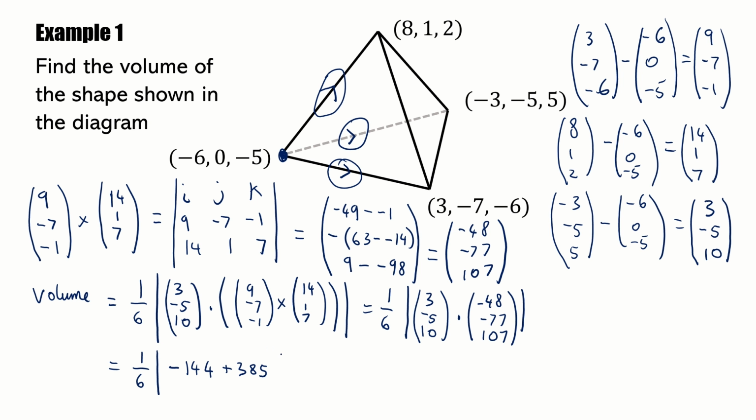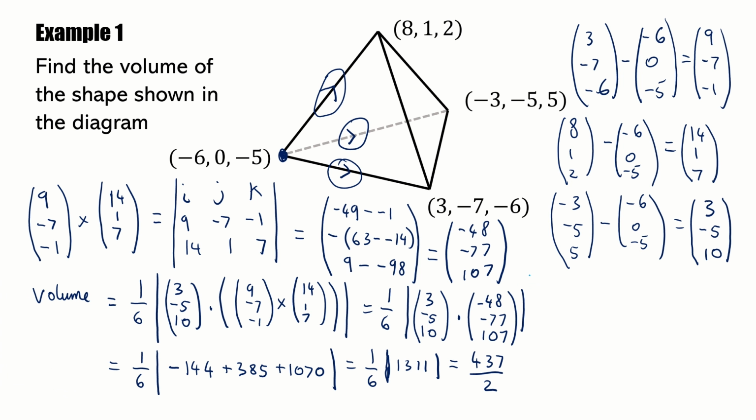And then lastly, we've got 10 times 107, which is, of course, going to be 1070. That comes to 1311, and because it's a positive number, the modulus does nothing to it, so we're just doing 1311 divided by 6, which comes to 437 divided by 2. So that is the final answer. The volume is 437 divided by 2.